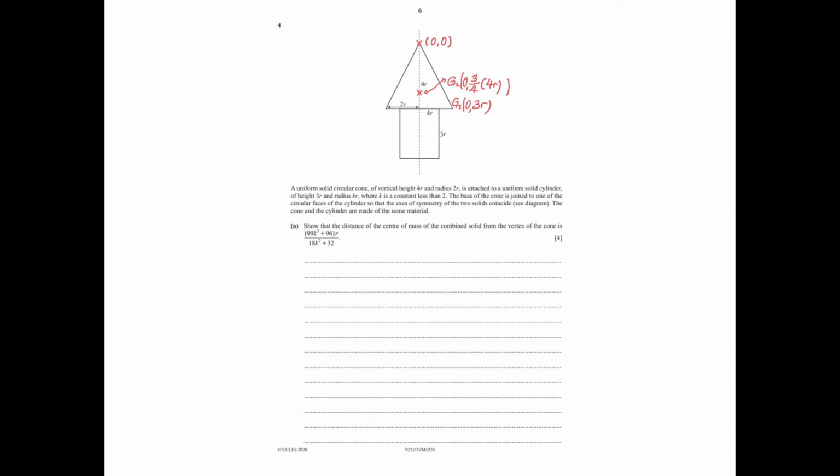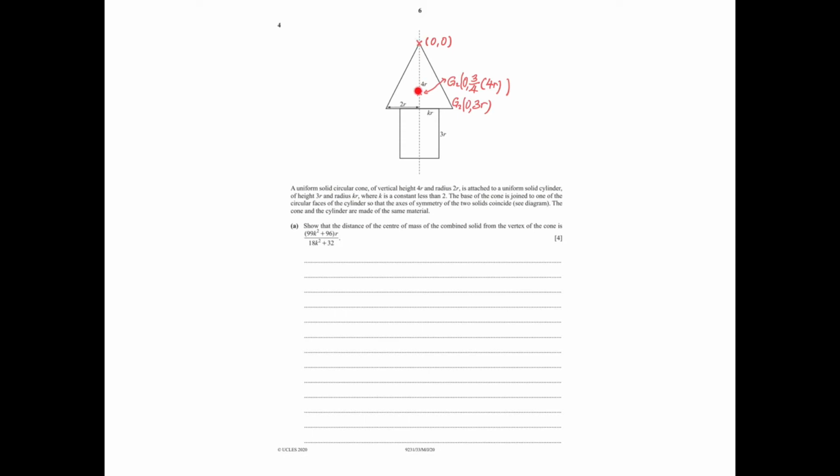So this is the center of mass for the cone itself, where 3r is the distance from the vertex to this particular point.